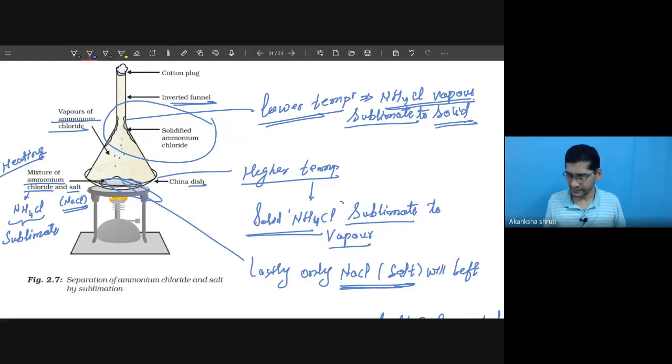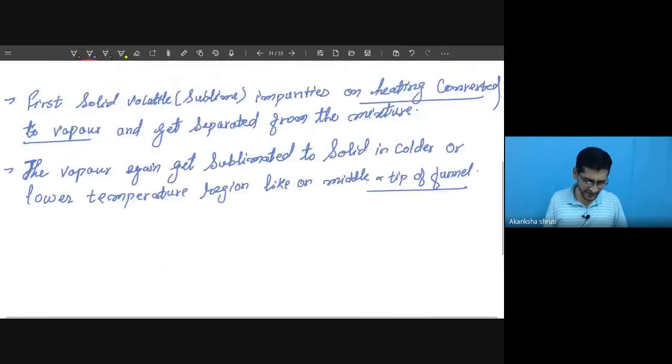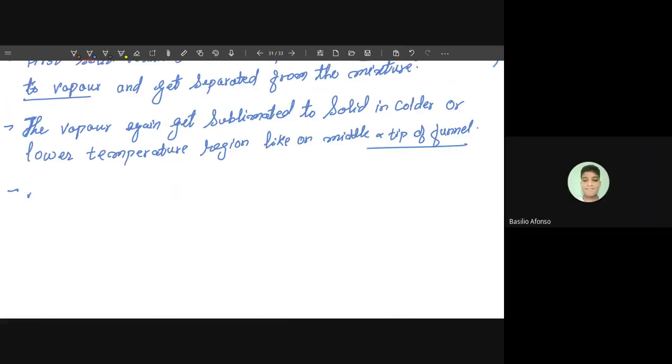So this way the sodium chloride and ammonium chloride get separated. The sodium chloride can be purified by this method if it has the impurity of ammonium chloride. In this method, we can also purify naphthalene with salt.